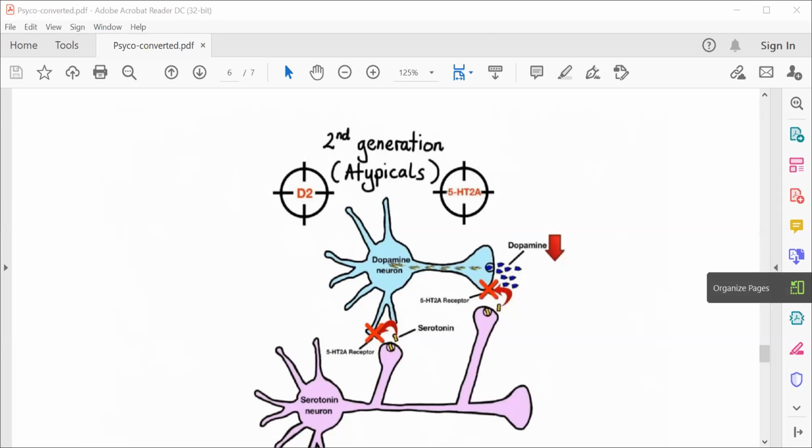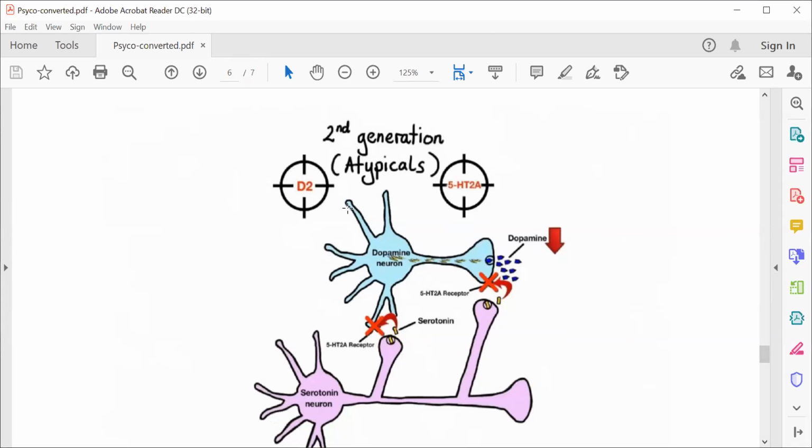Okay, so here I have the second generation antipsychotics. They work on the D2 receptor like the first generation, which means there is a chance to develop side effects like the first generation. However, the second generation has a very good characteristic, which is blocking the 5-HT2A receptor, a subtype of serotonin receptor.